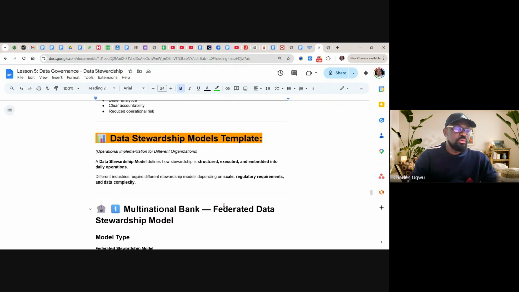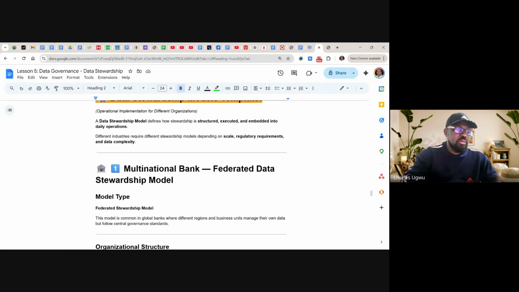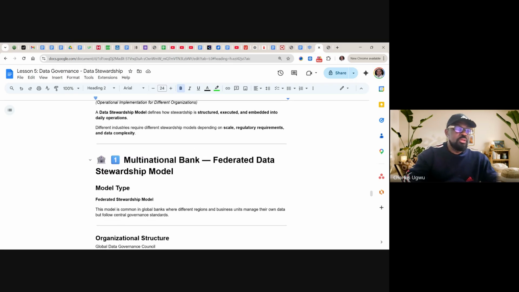So we're going to use the three industries we've captured earlier. You see, this is building a model for them, for this bank here.